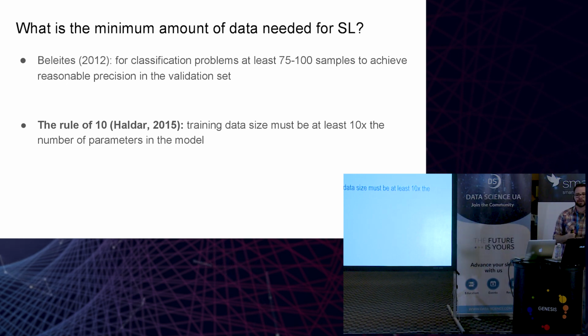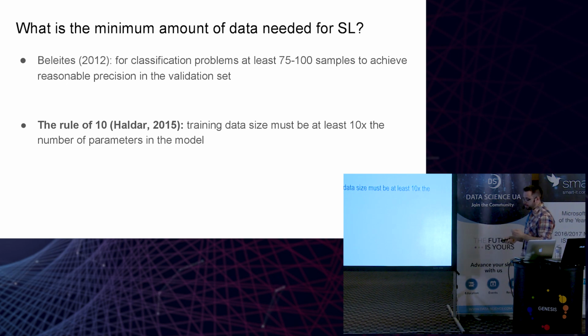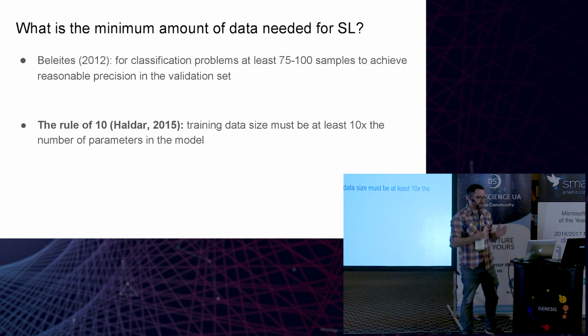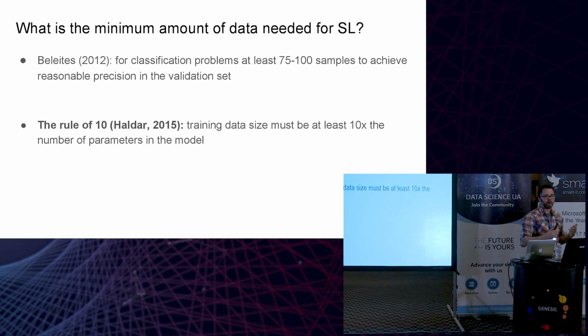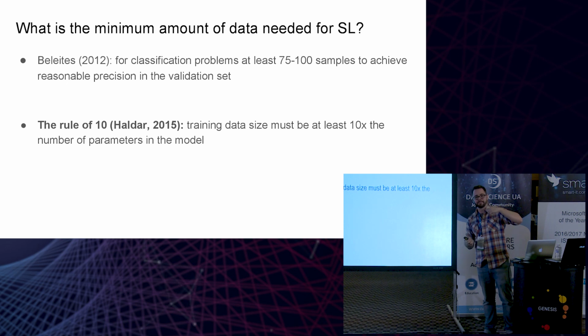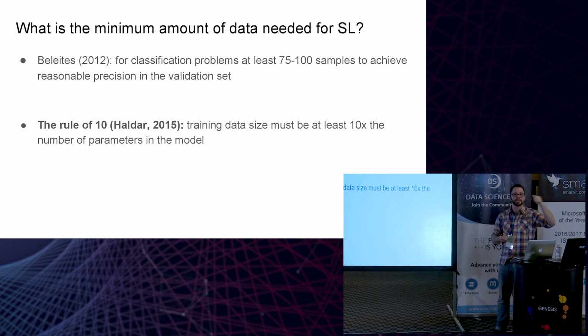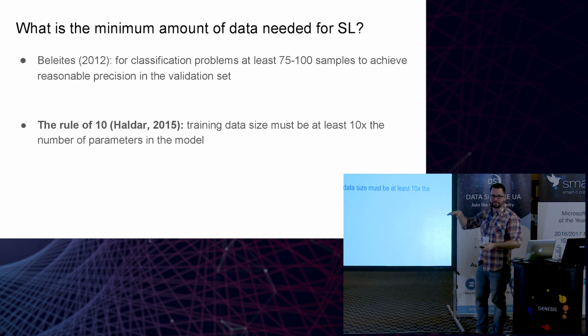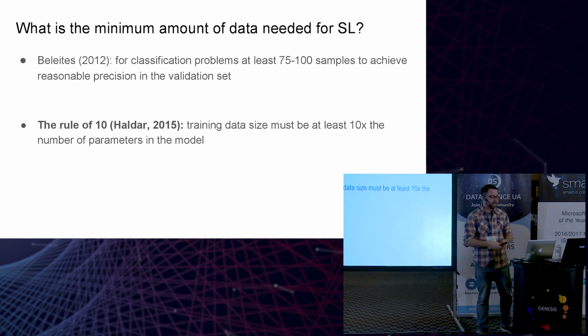But this is a very theoretical paper, and what they're talking about is reasonable precision in the validation test. It doesn't mean you cannot make predictions. It's more about inference: when you're trying to compare two models and say whether this model is really better than the other, or estimate out-of-sample accuracy. To be really secure about that amount of accuracy, you must have at least this amount of data. It doesn't mean you cannot make predictions with less. Again, it's a very theoretical result.